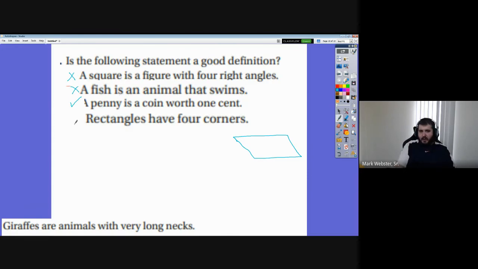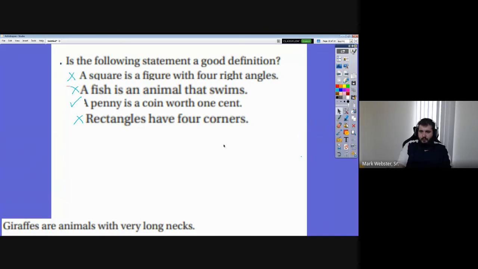So just like up here, it's not specific enough. If it said rectangles have 4 right corners, 4 right-angled corners, then yeah, sure, we could go with that, but they're not specific enough.